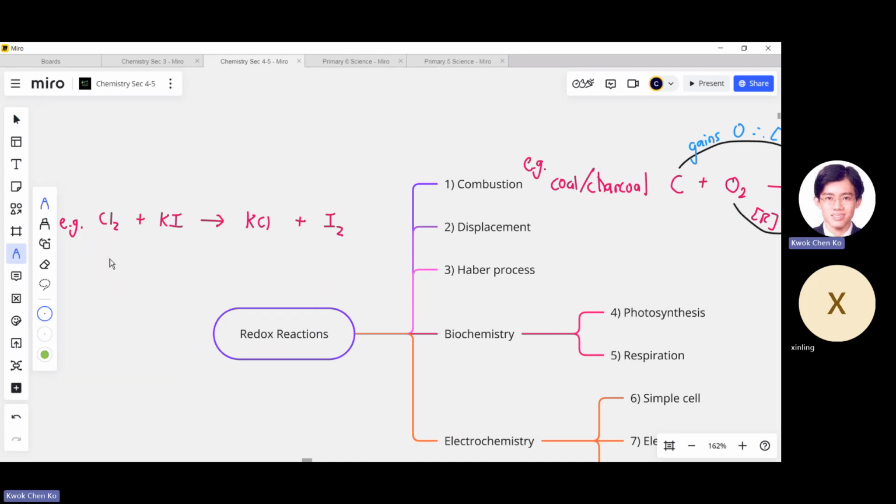Just to give you some background, essentially Cl2 displaces iodide in KI to I2. Okay, that's how you write the displacement description.